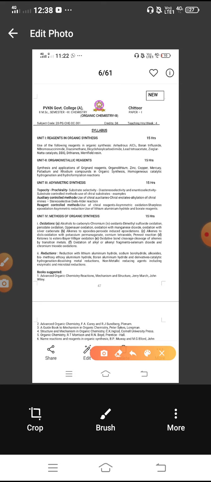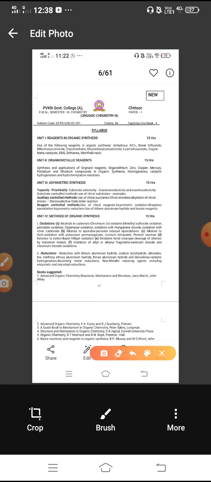So today we will discuss the overall syllabus, an introduction of the syllabus. First, reagent. What is a reagent? A reagent is mainly used for the conversion of C single bond C and C double bond C formation.